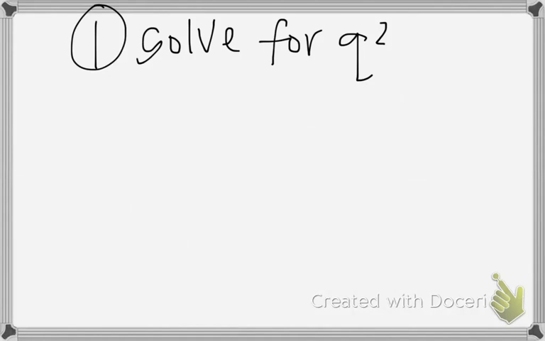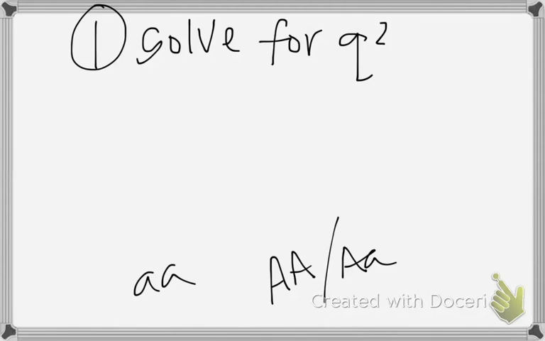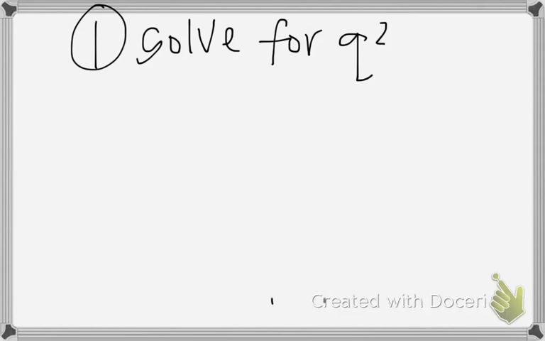You can't tell much about the heterozygous and you can't tell much about the homozygous dominant, because big A, big A and big A, little a look the same from the outside, but little a, well, they have the recessive trait. So Q squared is where you always want to start, and if you know Q squared, then how could you solve for Q?